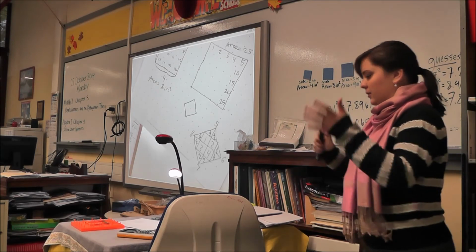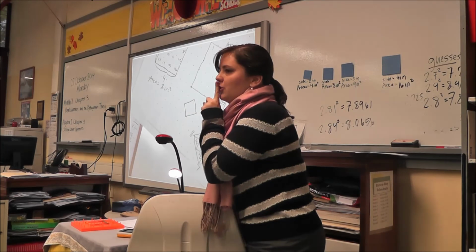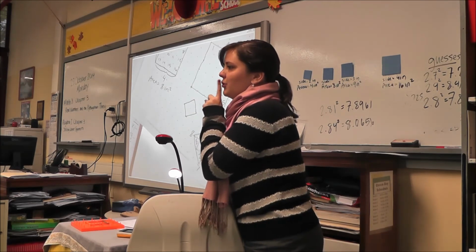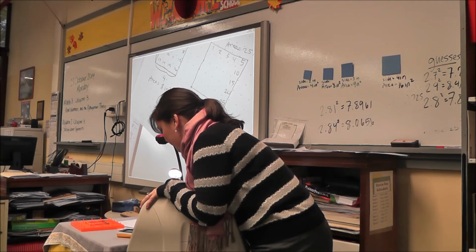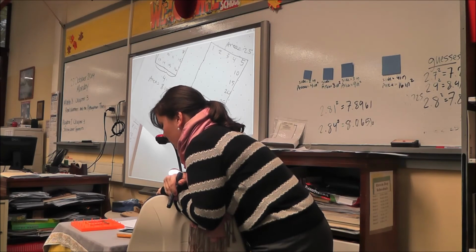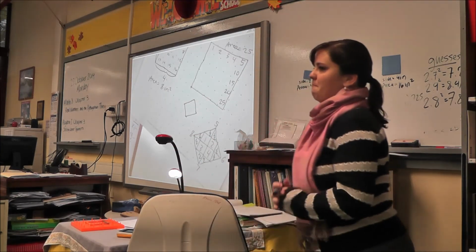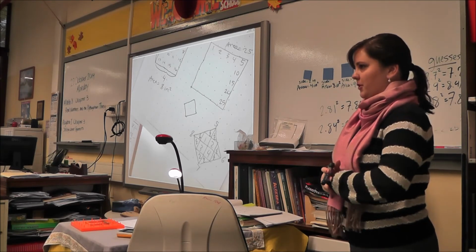We can keep adding. Let's do 2.82. We get 8.0347746. Okay, we're introducing to you guys something called irrational numbers.